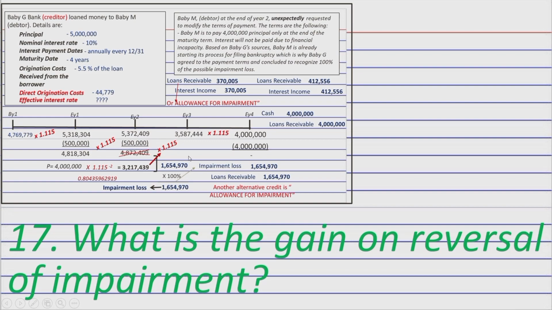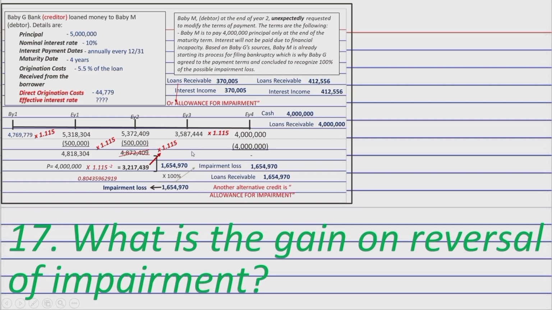First, you need to get the present value of the new promise, which is paying 5 million, by multiplying it with 1 plus i raised to the power of negative 1. And then you need to compare that with the current year 3 balance, which is again 3,587,444. Of course, the new present value based on the 5 million will be greater, right?